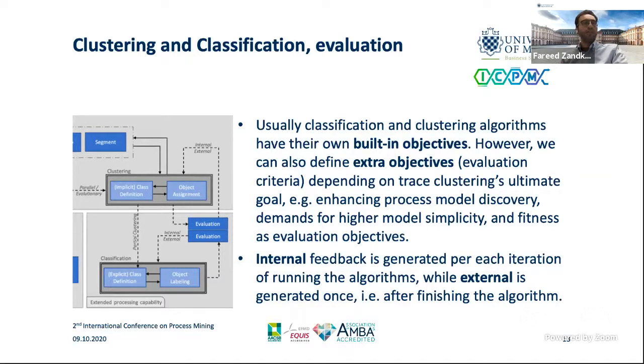For example, if you are doing trace clustering for model discovery, then fitness or simplicity would be those extra evaluation objectives. These objectives are sent either in an iterative fashion or as a one-time. We call it internal when it's sent iteratively.